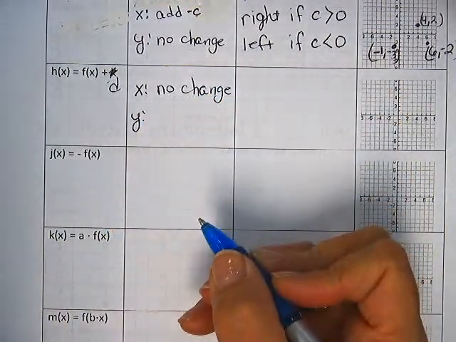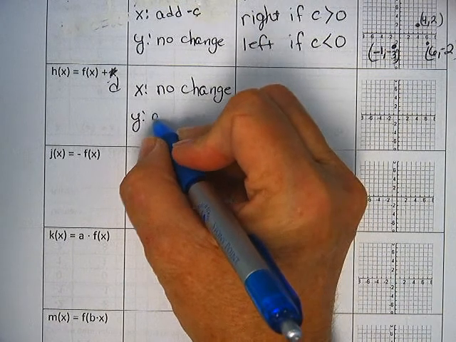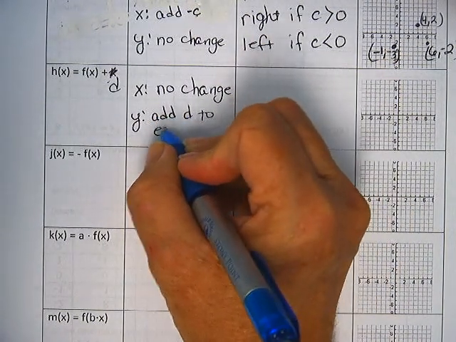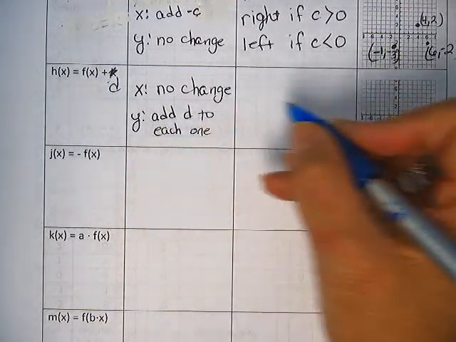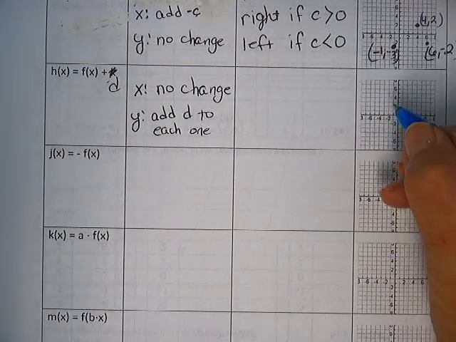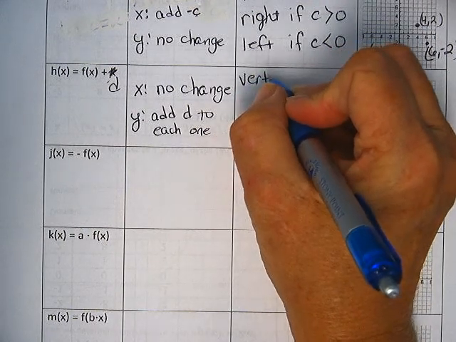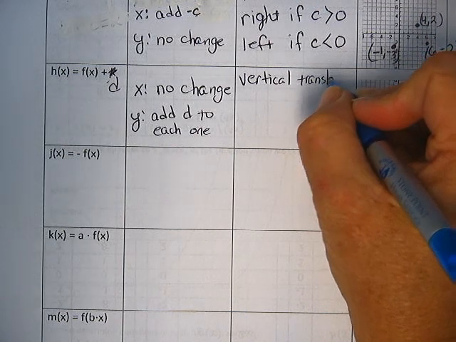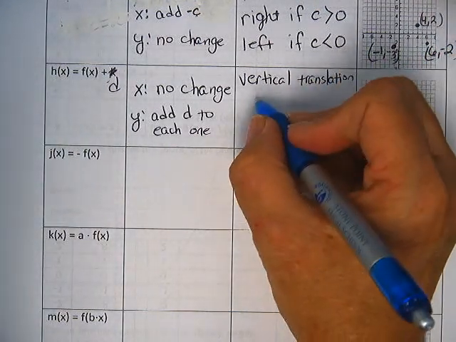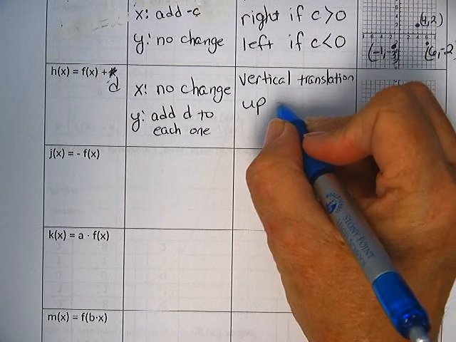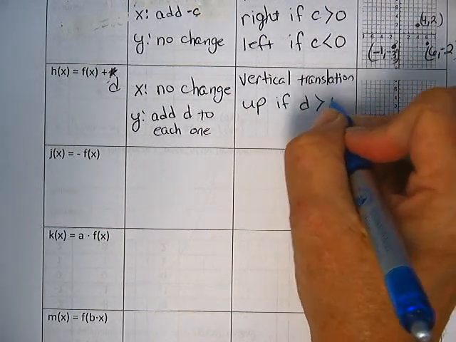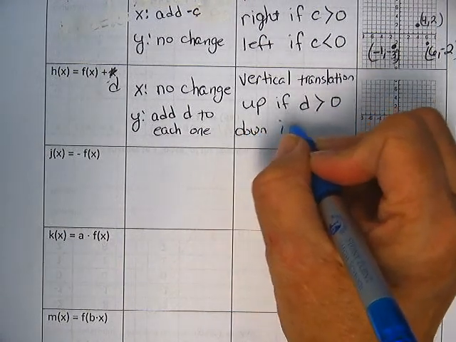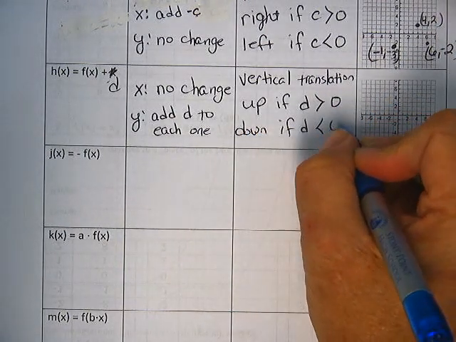And our y values, we add d to each one. So the result is we get a vertical translation. We move up if d is greater than 0, and we move down if d is less than 0.